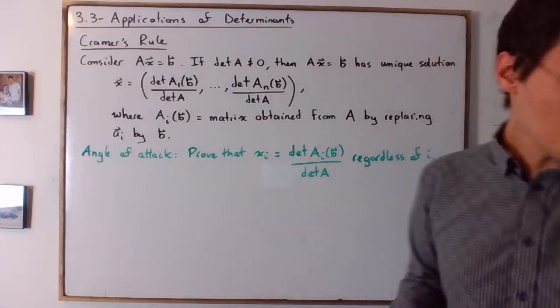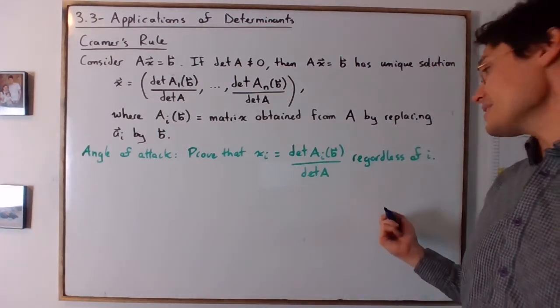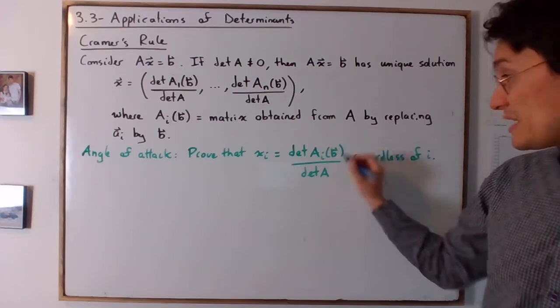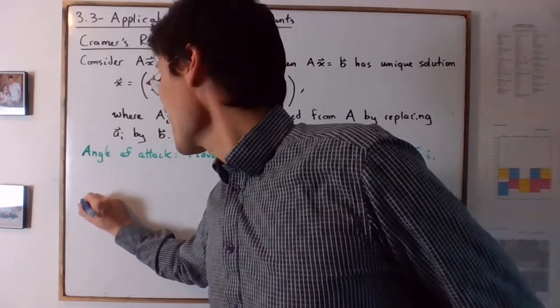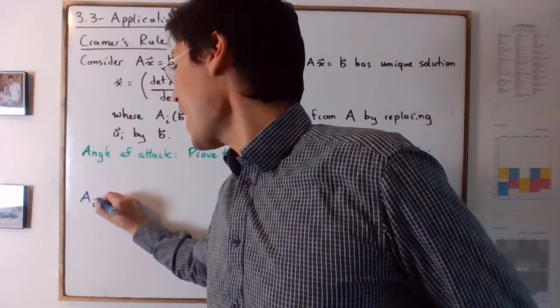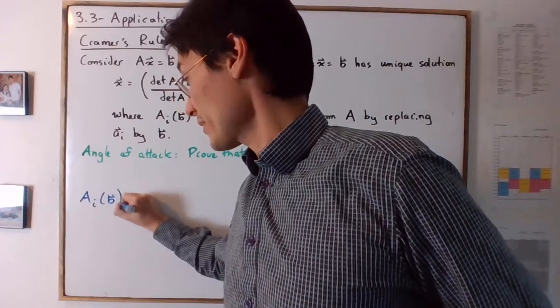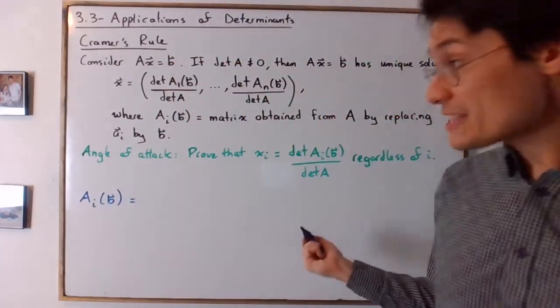Now how do we do this? The idea is to understand what this matrix AiB is.